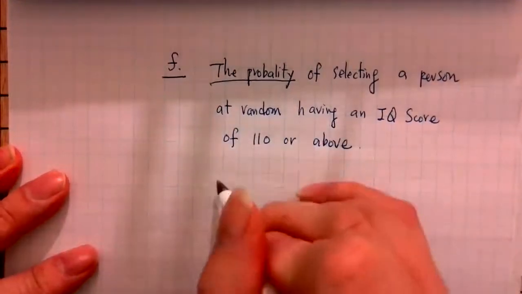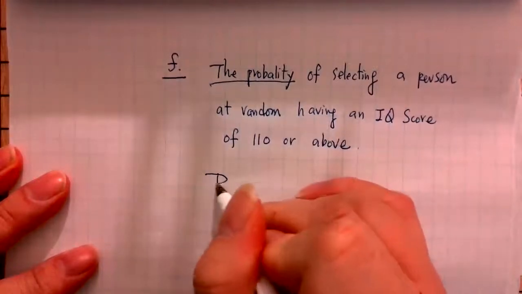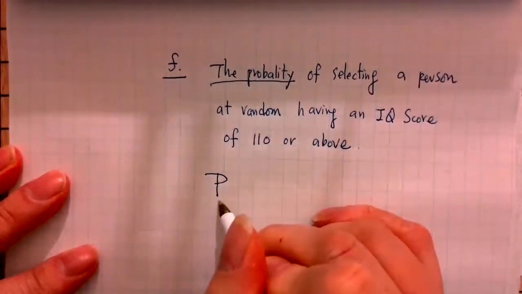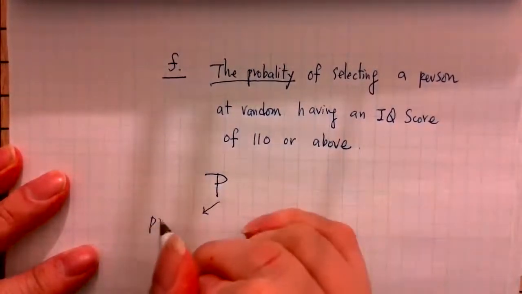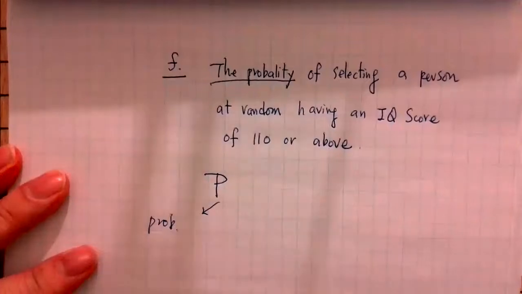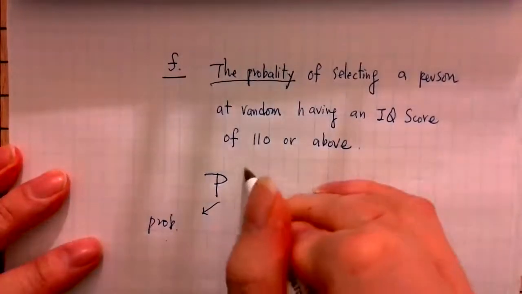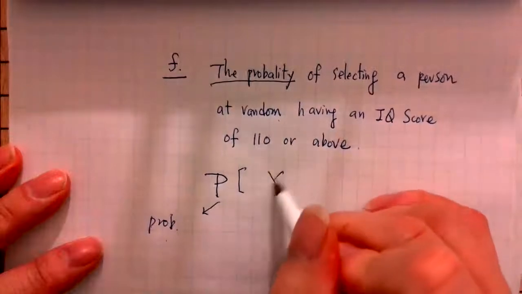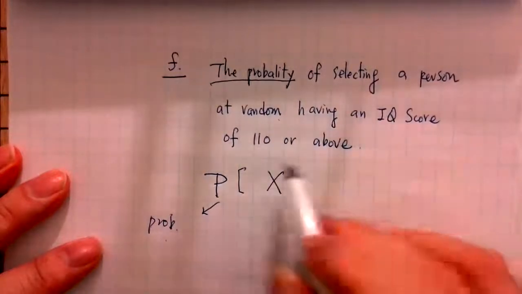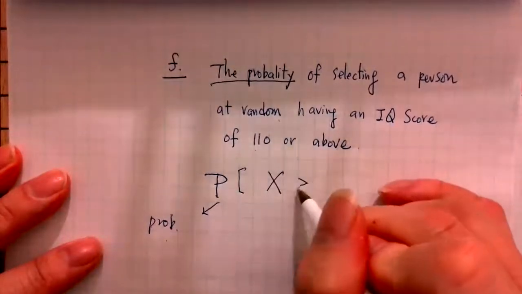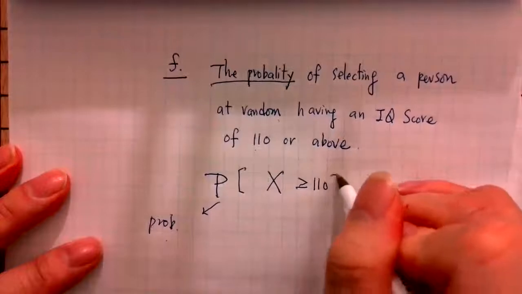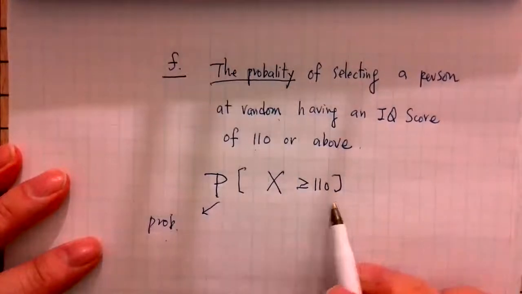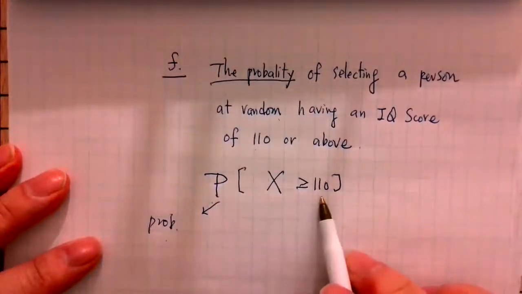We still write P, but this P stands for probability, not percentage. The probability that a randomly selected person has an IQ score of 110 or above. We use exactly the same notation.